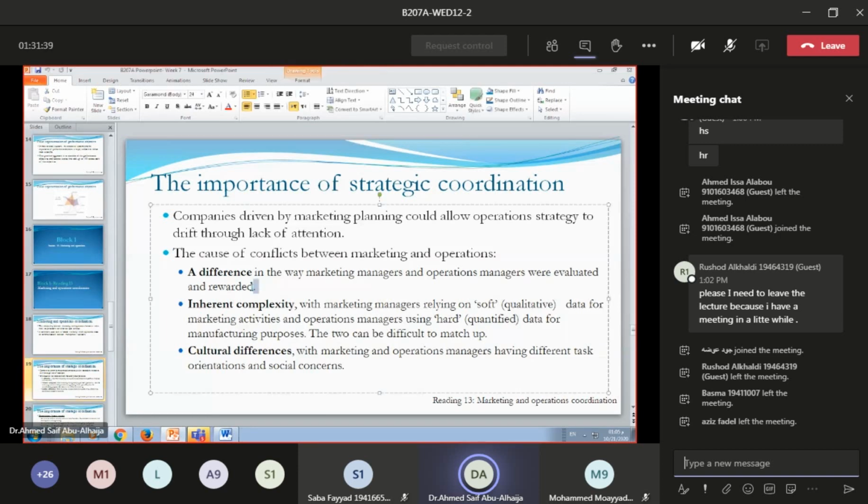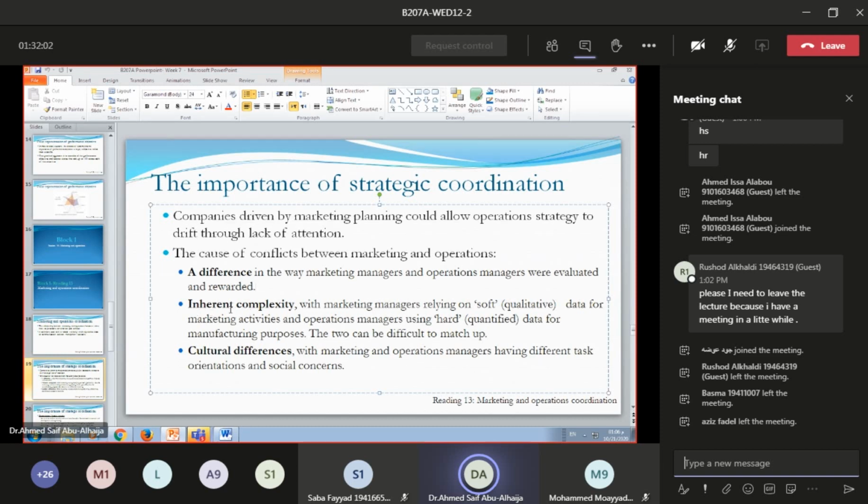But remember, if we have good communication, the operation manager and marketing manager may be evaluated consistently. But if each department has a specific agenda without any coordination, for sure, this is the result, that difference.